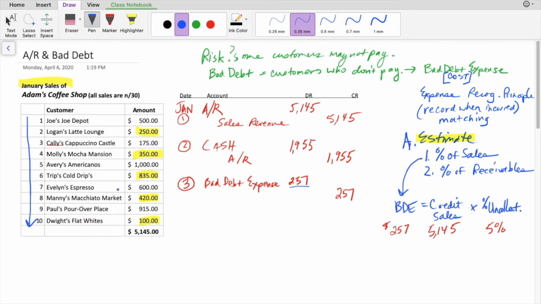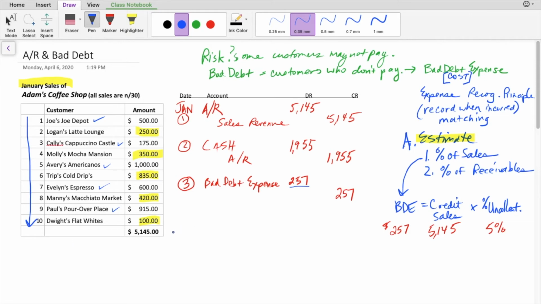Well, who still owes us money? Well, we've got Joe's Joe Depot still owes us money. Callie's Cappuccino Castle, Avery's Americanos, Evelyn's Espresso, Paul's Pour Over Place. They still all owe us money. I don't know which one of these customers is not going to pay me. So that creates a problem.